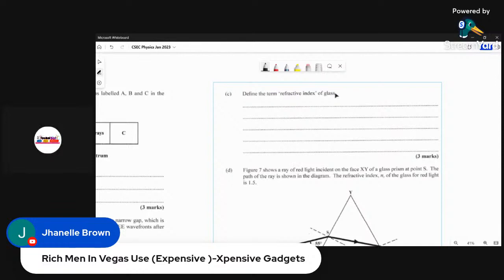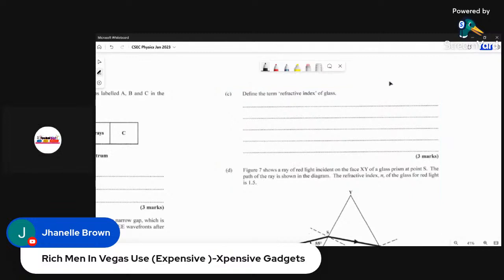So the refractive index of glass is a ratio that tells how much the speed of light will be changed as it goes from air into glass. So that's what the ratio is telling you. And that's what we will put.